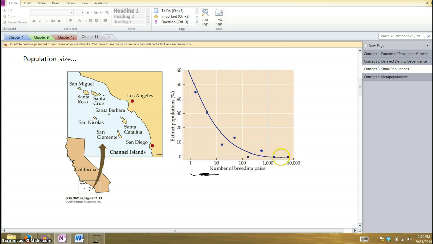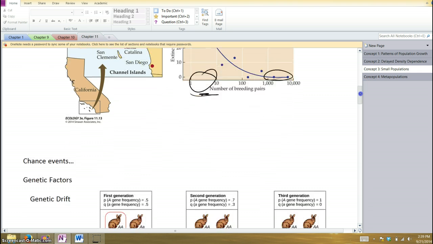Whereas you can see when they have really large populations, whether it's 1,000 or 10,000 doesn't matter. That's sort of a large population. You can see the extinction probability is quite low. But when you get down below 10 nesting pairs, essentially that's 20 individuals, that's not so good, and your probability of going extinct is quite high.